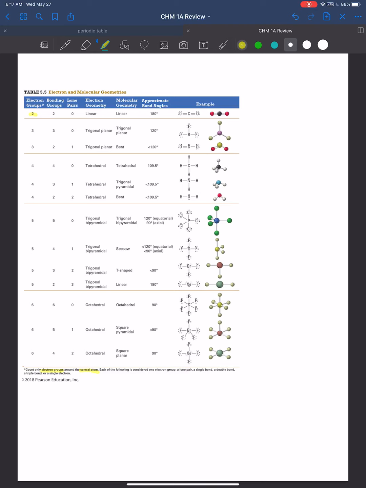And these geometries are all based on the VSEPR theory. VSEPR stands for valence shell electron pair repulsion theory.